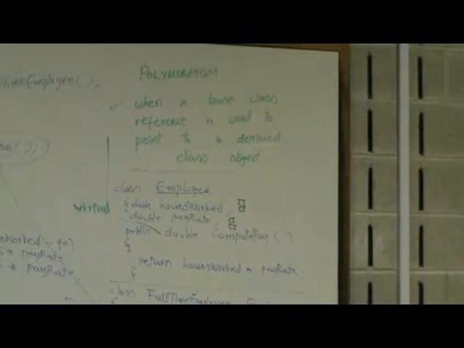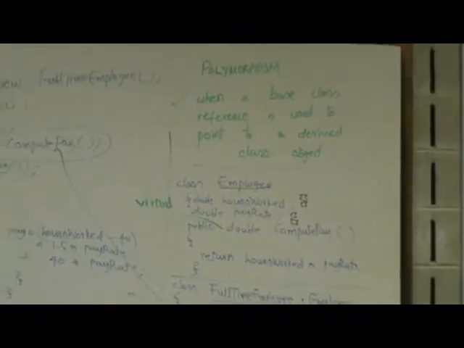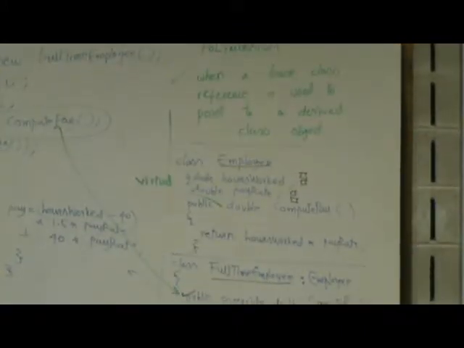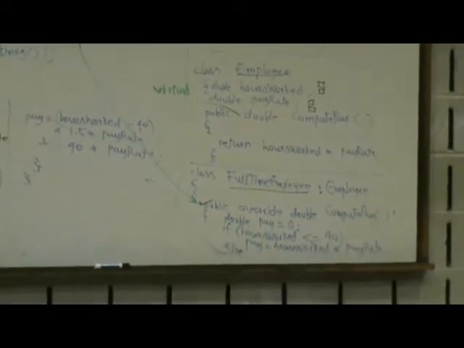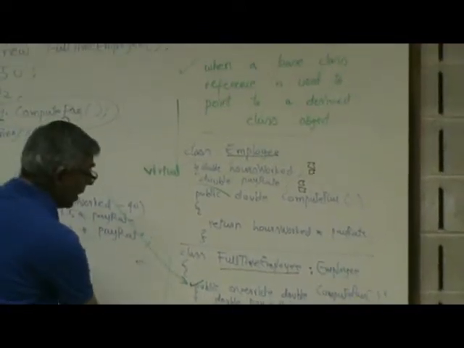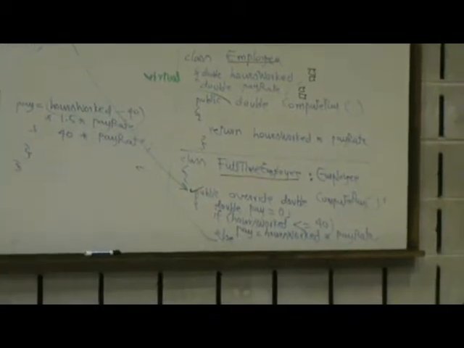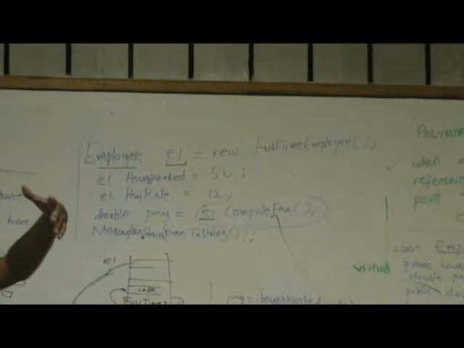The second complicated case that we discussed last time was what if there's an extra field or an extra method in the derived class, but we are trying to access it from the base class reference.